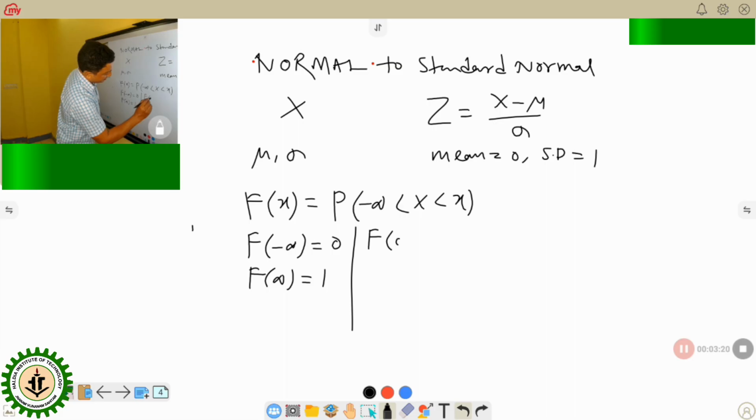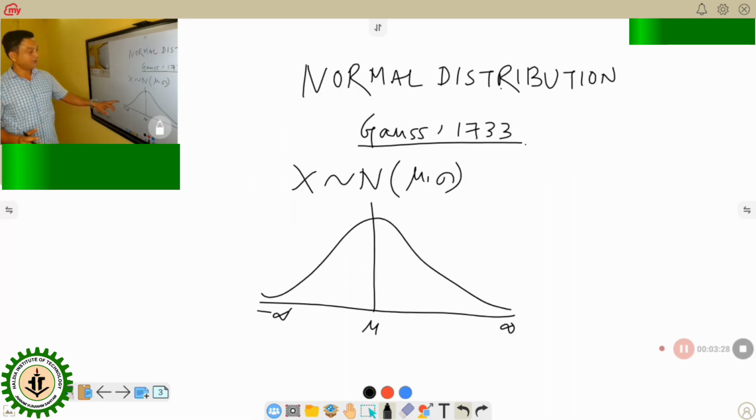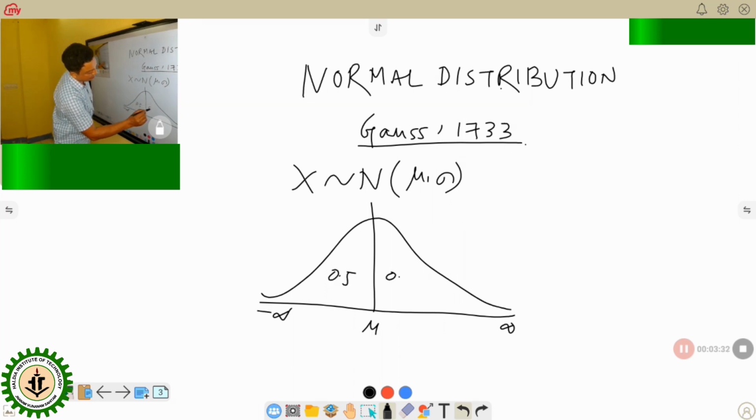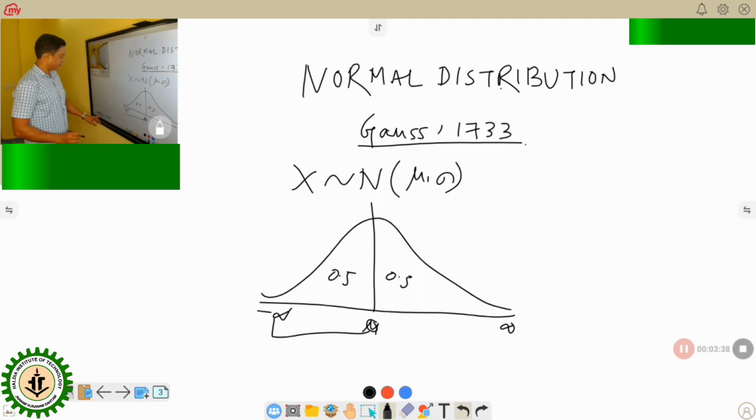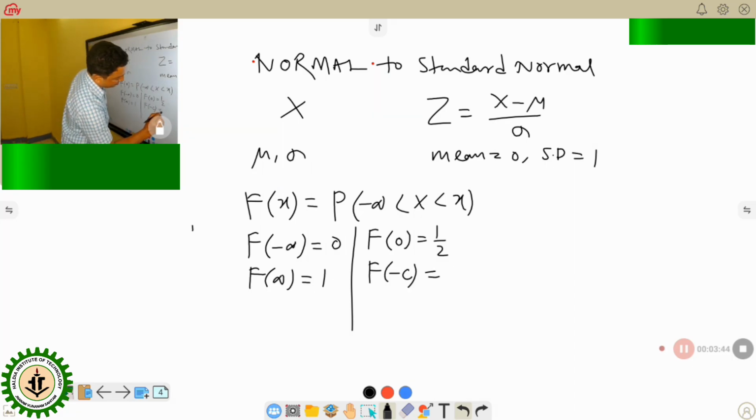F of 0 is equal to 1 by 2. This divides the curve very easily. This is also 0.5 and this is also 0.5. That's why from minus infinity to 0 it is equal to half. Next, F of minus c is equal to 1 minus F of c.